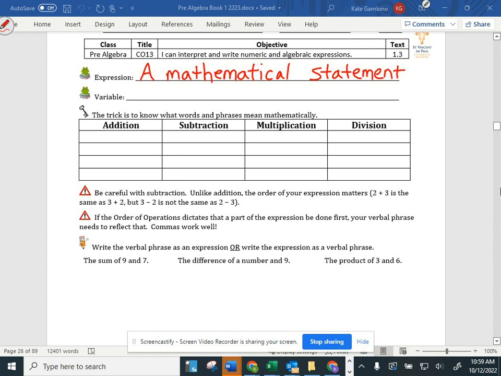A variable. Algebra, I love algebra, I love variables. So a variable is a symbol, usually written as a letter, used to represent an unknown value.